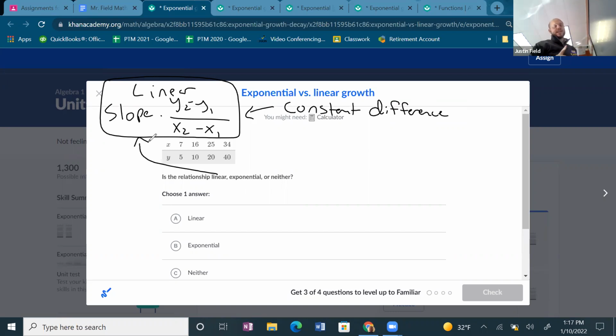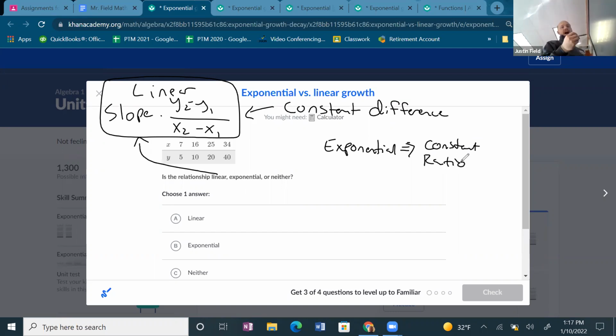Exponential also has a constant change, but it's not difference, it's division or multiplication, right? Okay, so exponential we'll write down as a constant, wait for it, ratio.